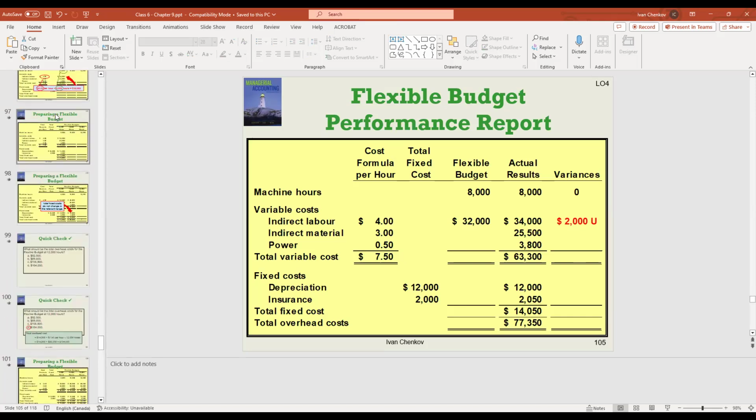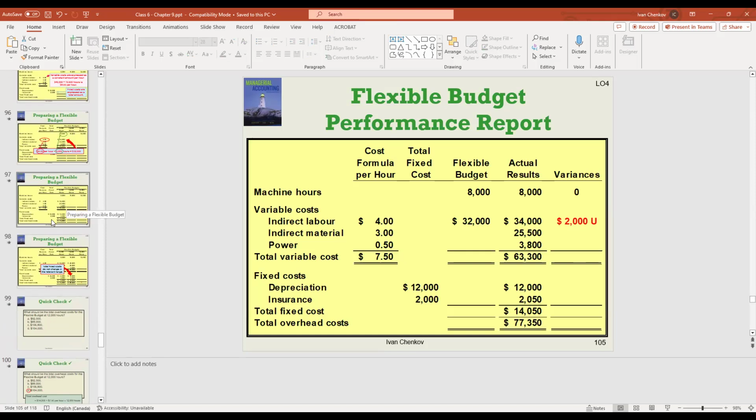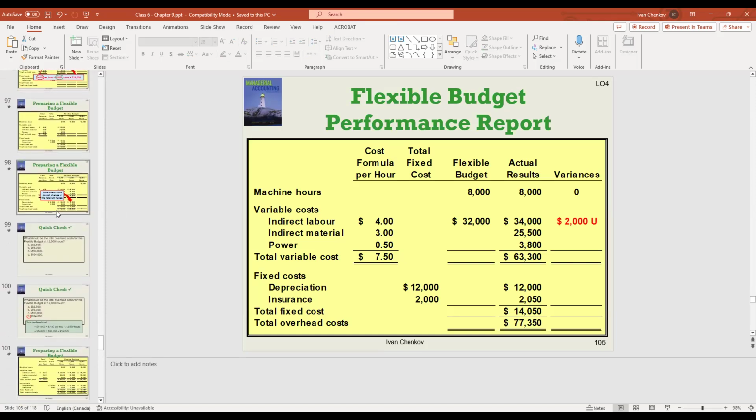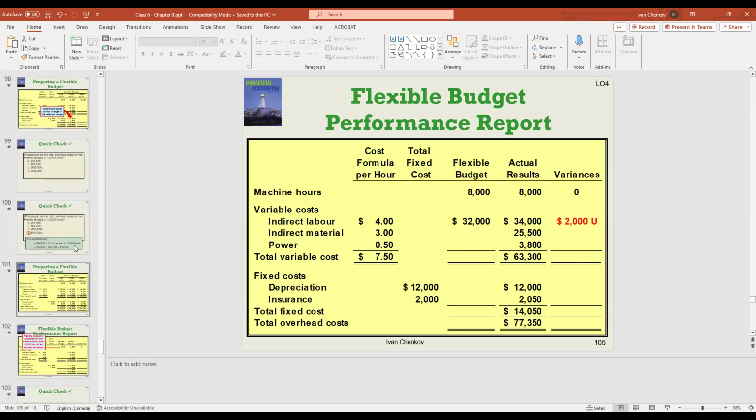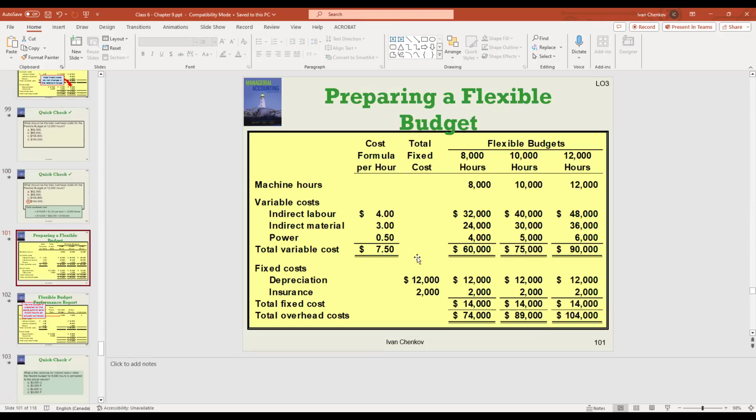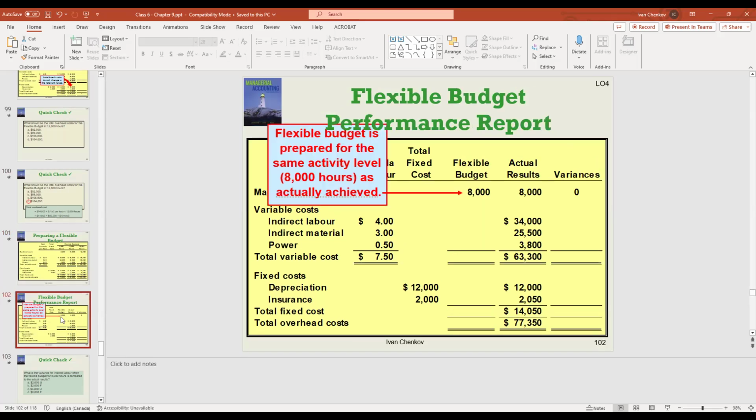Next thing is indirect material. For the indirect material, we're budgeting to spend $24,000 when we're using the machine 8,000 hours. In reality, we're spending $25,500. Is that good for us or not? Not good.